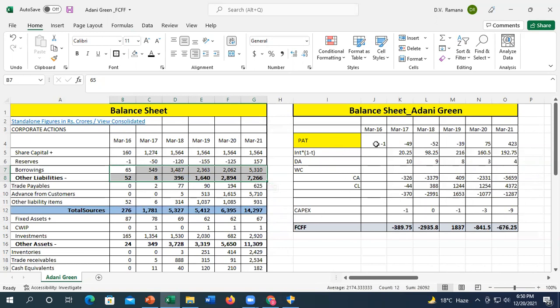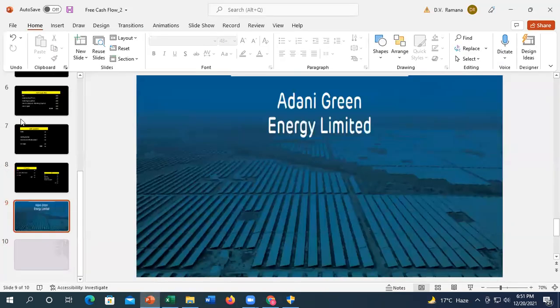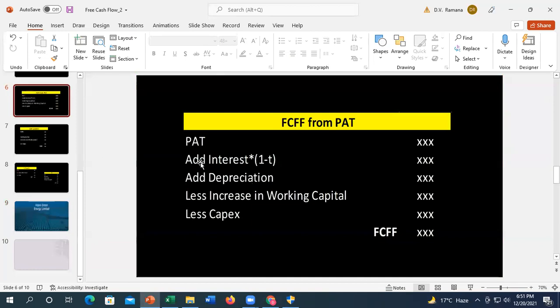Okay, so the PAT is equal to minus, we are calculating from March 17 to 21, because we need change in the numbers. So therefore, we don't have March 15 data. So we'll calculate from 2017 to 2021. So we have seen here that from PAT, it is add interest, add depreciation, less changes in the working capital, and less the CAPEX.